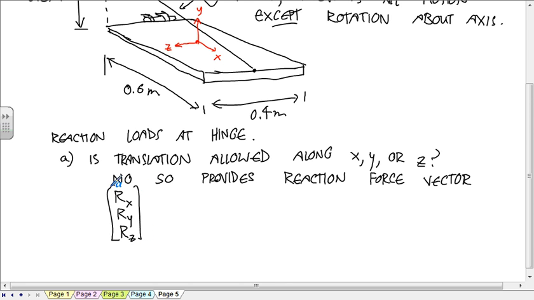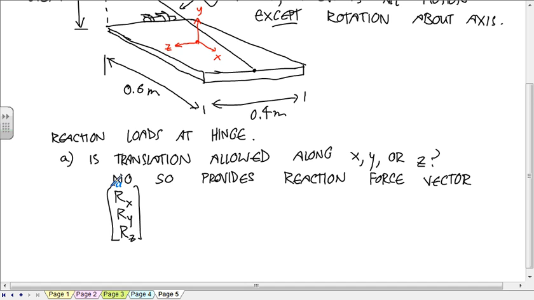Okay. So now let's think about the rotations. What about a rotation about the z-axis? Is that allowed? That's the one that is allowed. Do you see that? The z-axis is parallel to the axis of that hinge. And so this thing can rotate this way.